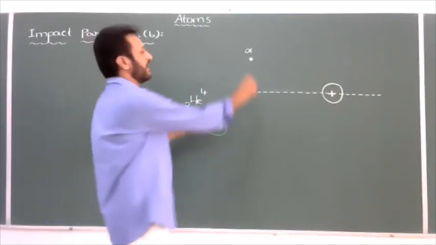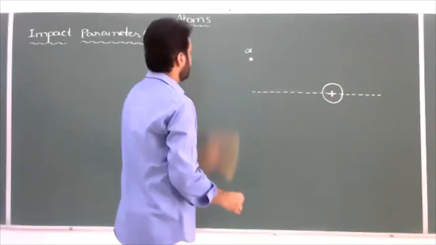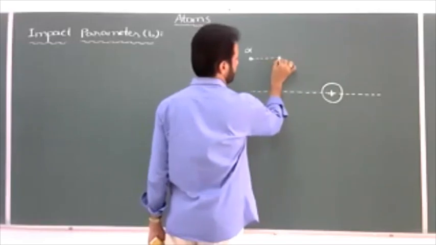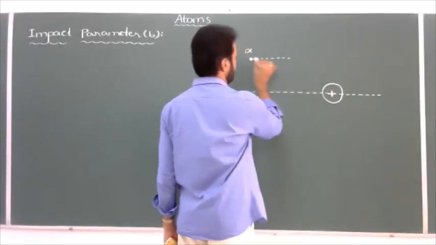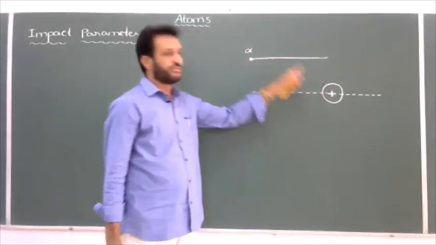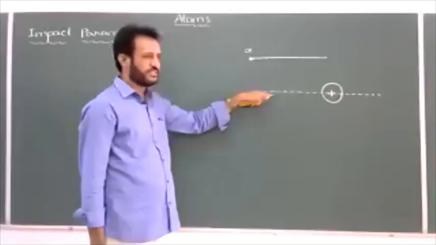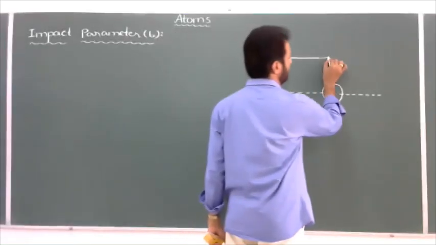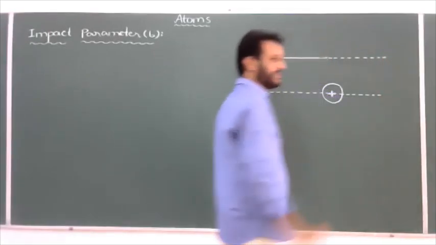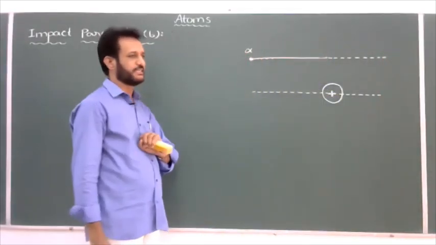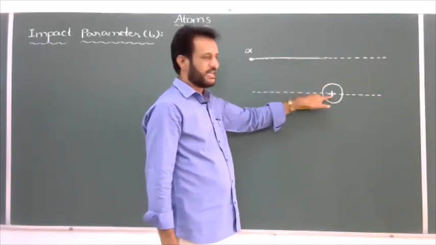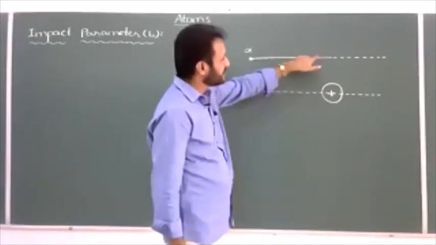Now one alpha particle I have selected here, and the alpha particle is initially moving along a straight path like this. If there is no force of attraction or repulsion between these two, the alpha particle has to travel along the straight path. But because of the repulsive force, the nucleus is positive and the alpha particle is also positive, so like charges will be repelled.